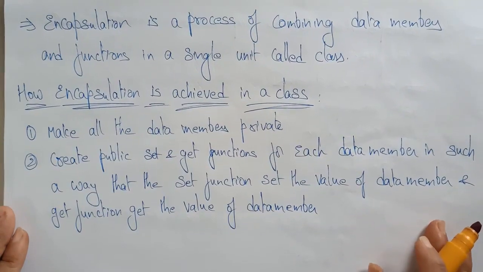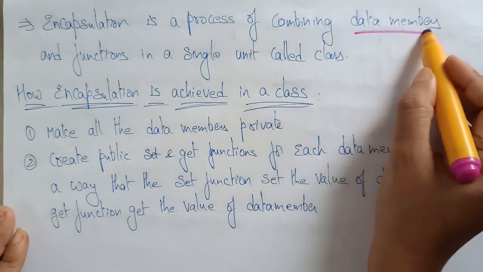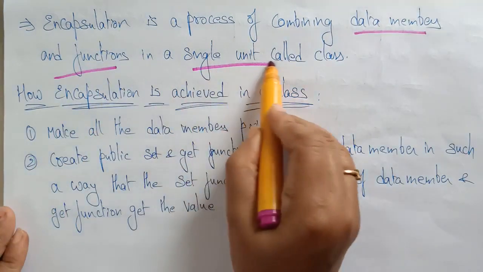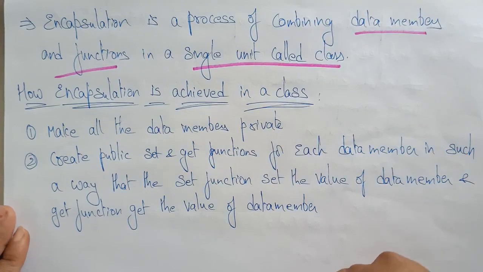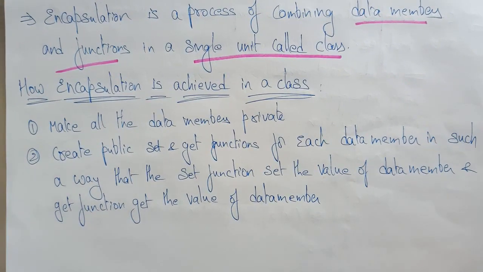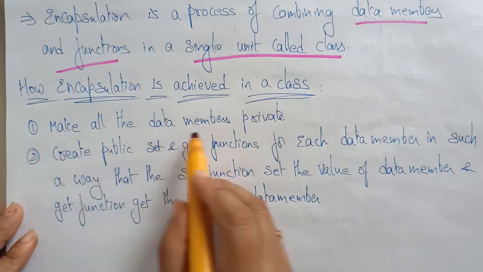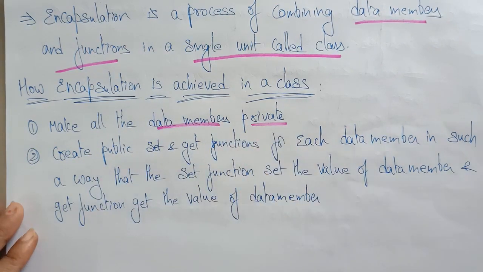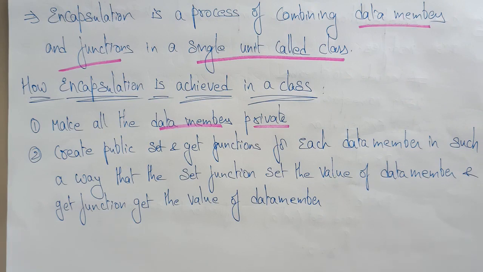So encapsulation is a process of combining data members and functions in a single unit called the class. Now let's see how encapsulation is achieved in a class. Make all the data members private. I already said whatever the properties, variables or data members, you have to make them private, so that outside the class no one can access my data members.